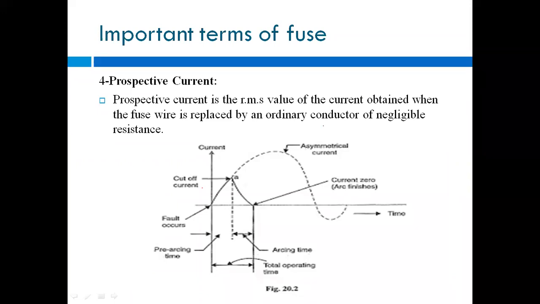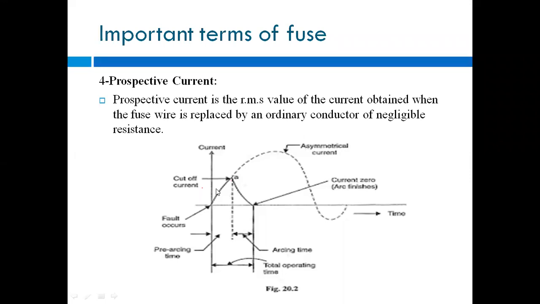So here also, when the fuse blows out, the arc will be produced. This 0 to A point is the pre-arcing time, meaning the conductor is not melted at that time.